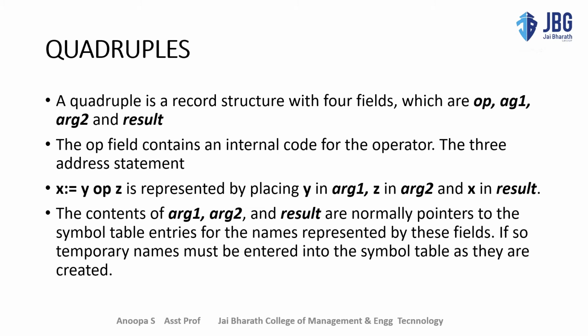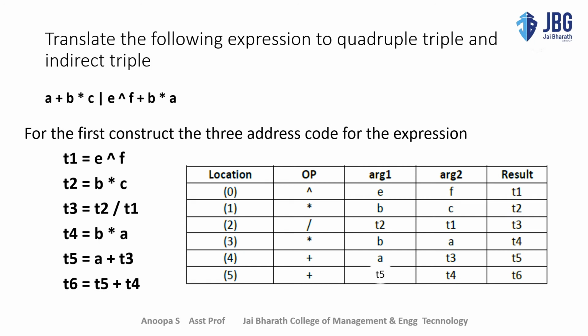So looking at that entry, we will get the value. Now, how can we convert this into a quadruple representation? Triple and indirect triple we will see in the coming slides. First, we will see how we can convert this into a quadruple representation.